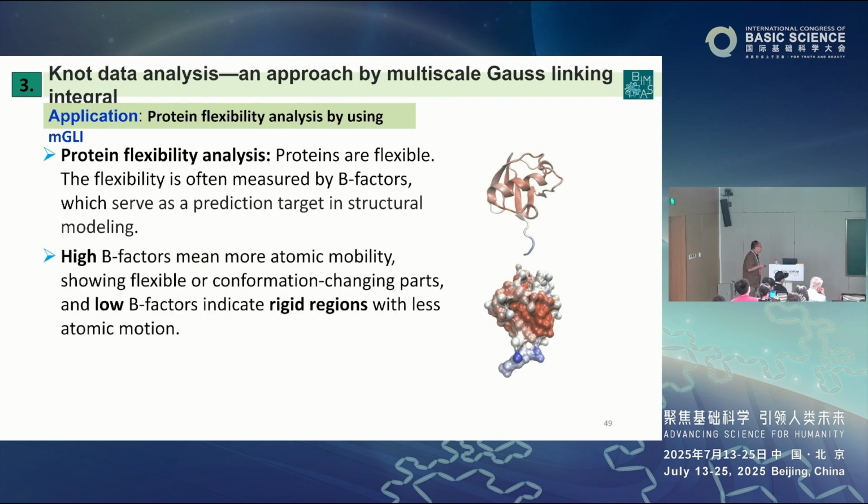So high B factors mean large atomic mobility, showing flexible or conformation-changing parts. And low B factors indicate rigid regions with less atomic motion. The B factor can be effectively detected by our methods.